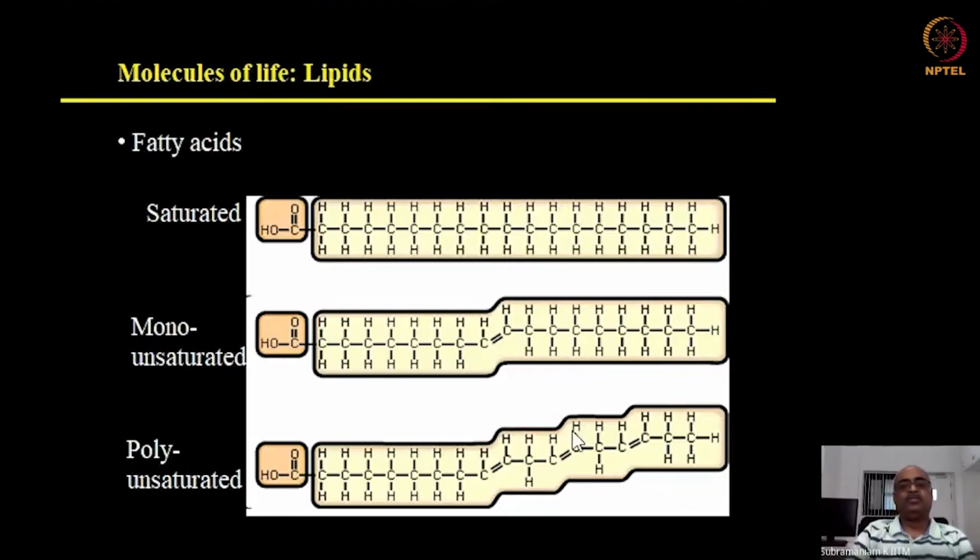All you need to know is fatty acids can either be saturated or unsaturated, and depending on the degree of unsaturation, we call them monounsaturated or polyunsaturated. These are often called free fatty acids because these carboxylic groups are not linked to any other molecule. As a result, they are called FFA.